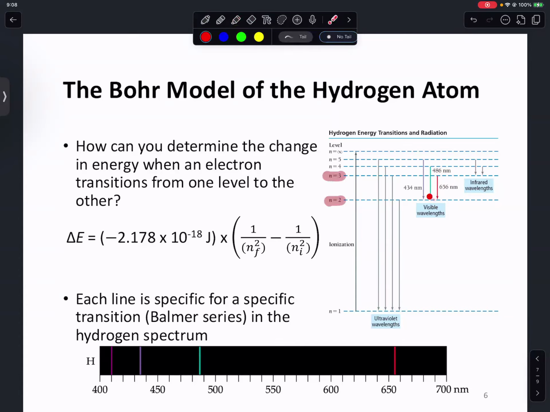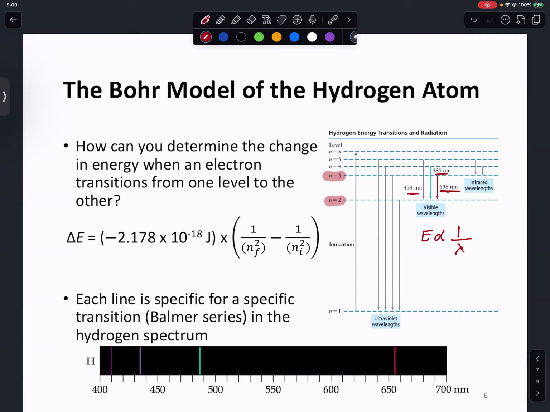Note that because these are relatively close to each other, the energy difference between them is not going to be as large or as negative as the energy difference between n4 to n2, and then n5 to n2. So how does this relate to the wavelength? Previously we said that energy is inversely proportional to wavelength.